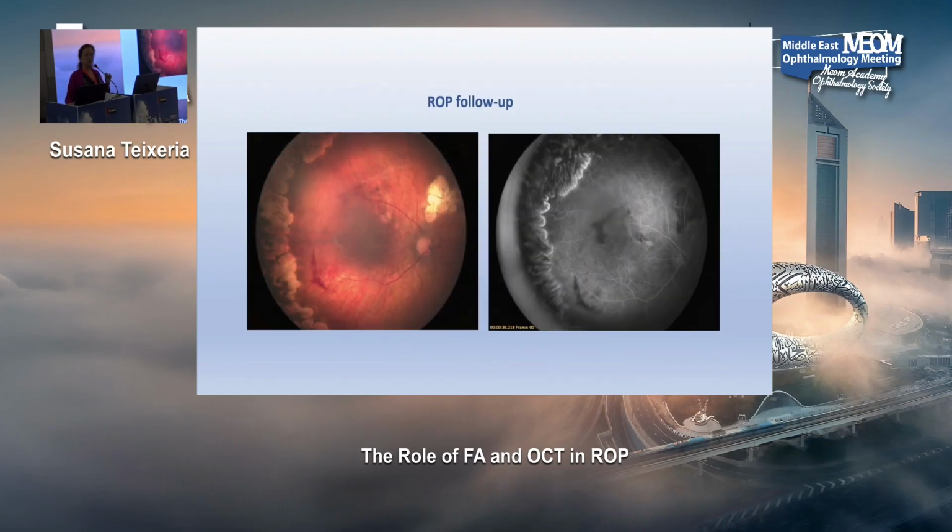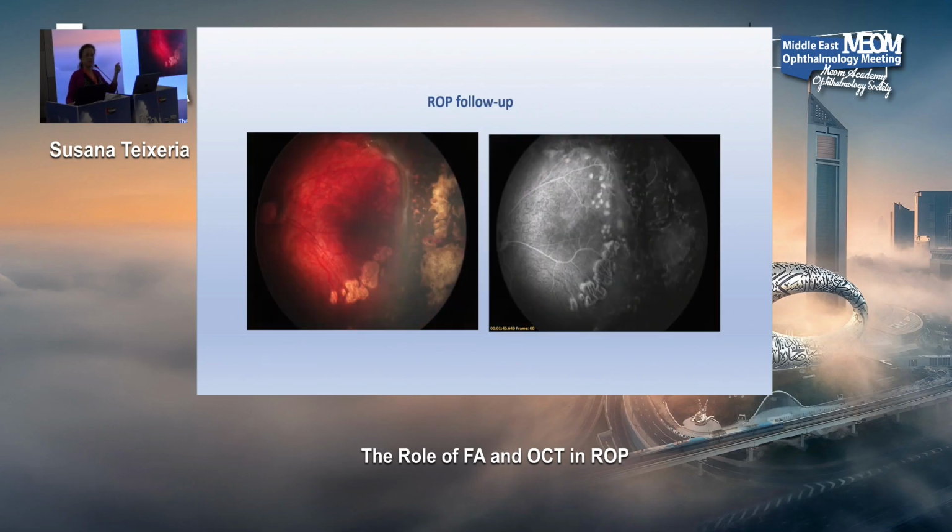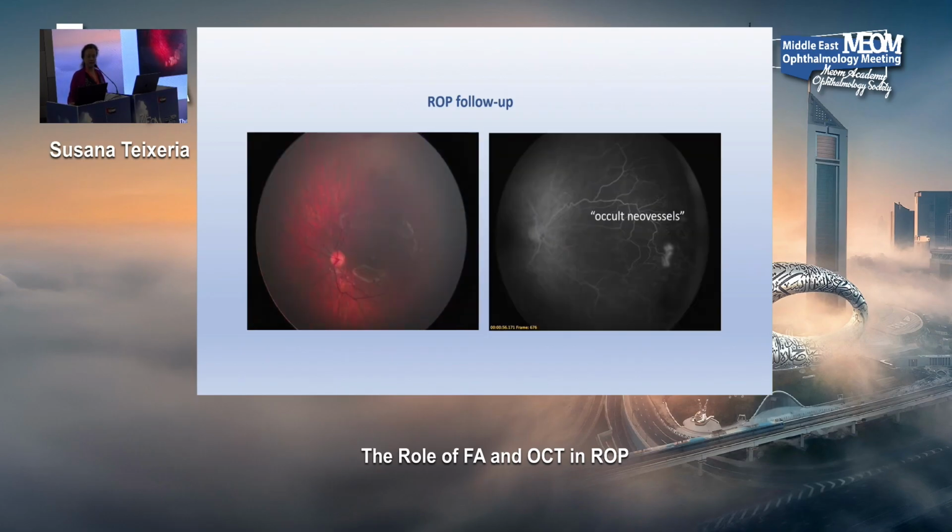Also in follow-up, it's very important because you can sometimes have hemovitreous after a long time, and you have to know if there is some kind of activity in that ROP that justifies that hemovitreous, or just following up the fibrosis to know if it is only fibrosis or if you have some kind of activity in that fibrosis. As you can see here, there is just a little staining, so this fibrosis is completely inactive.